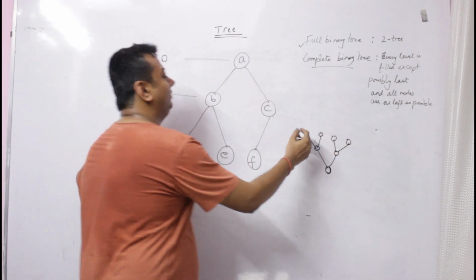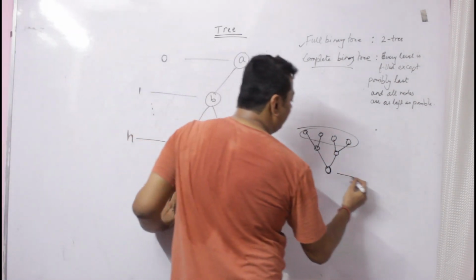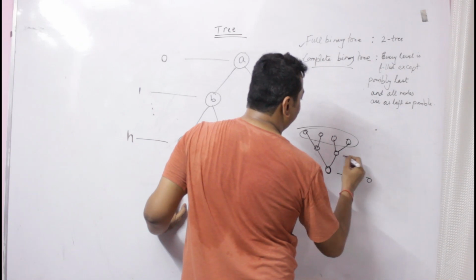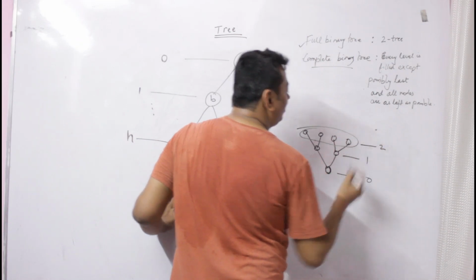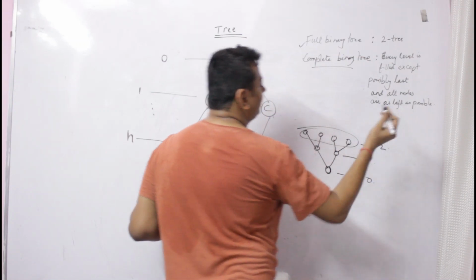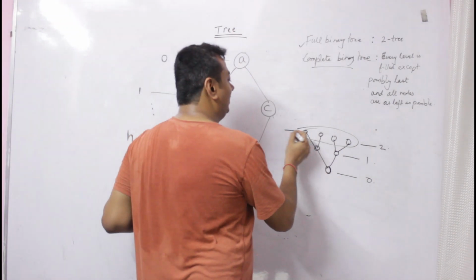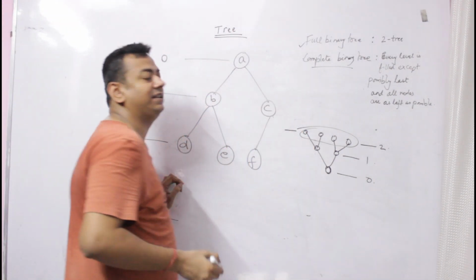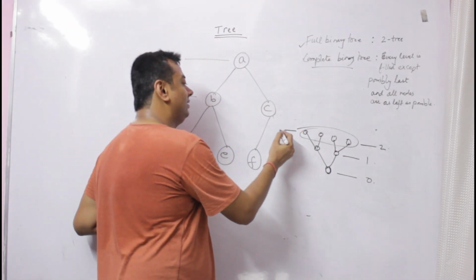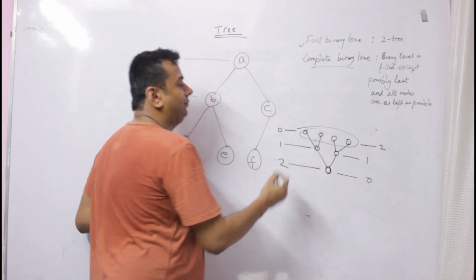So these are the leaves. When we say this is level 0, this is level 1, this is level 2, so this is height 0, this is height 1, this is height 2, and depth, if you count, is counted from this side onward. So this is depth 0, this is 1, and this is depth 2.